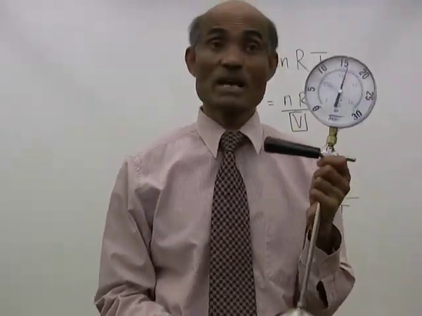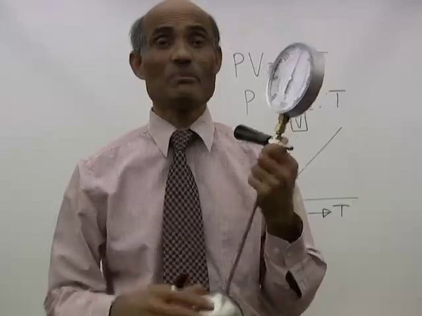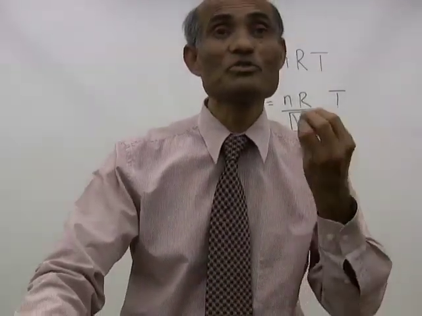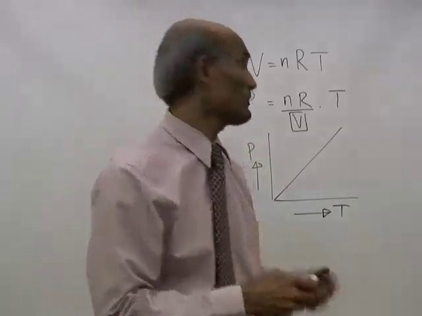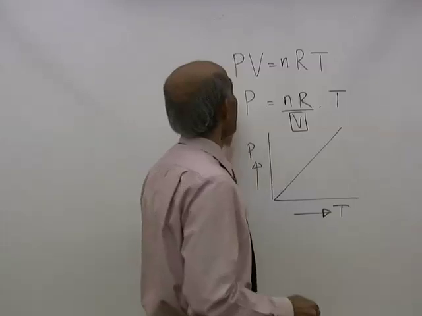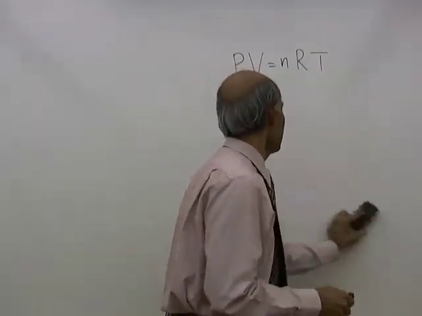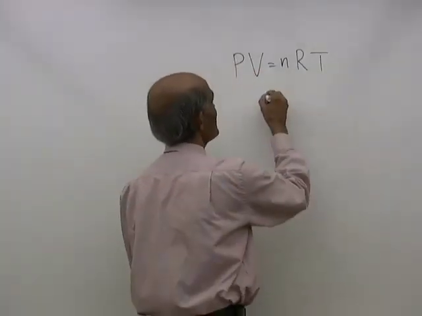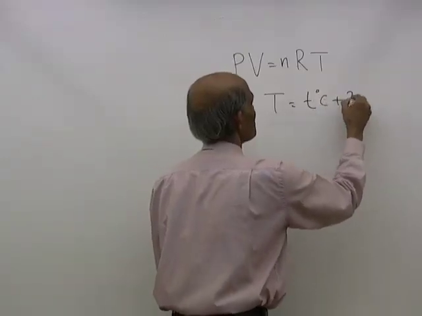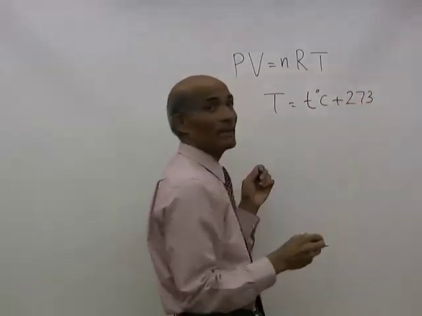Now, I also said we will attempt to obtain a value for absolute zero. Now, how can that be possible? Now, this equation I can also write, remember, absolute temperature T is temperature in degrees Celsius plus 273.